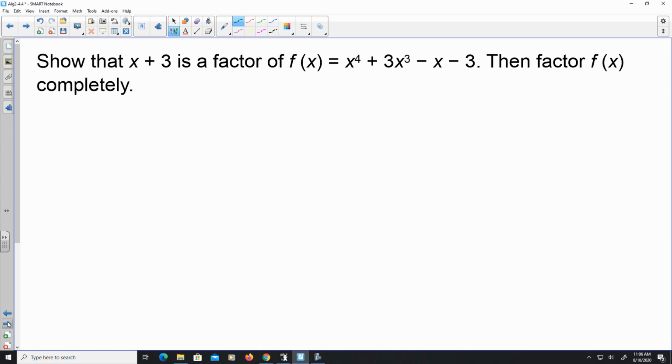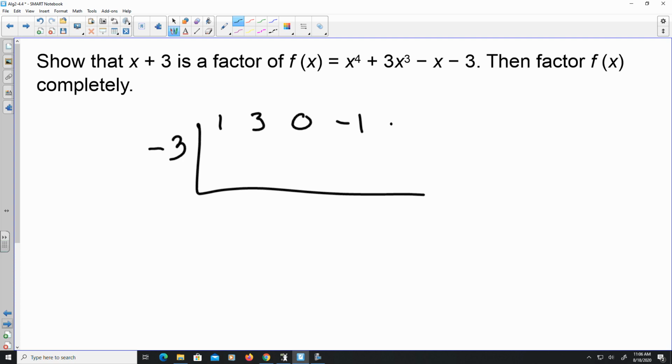Here it says show that x plus 3 is a factor of x to the fourth plus 3x cubed minus x minus 3, and then factor completely. So I'm going to write in the negative 3. I get 1, 3, there's no x to the second so it's 0, negative 1, negative 3.